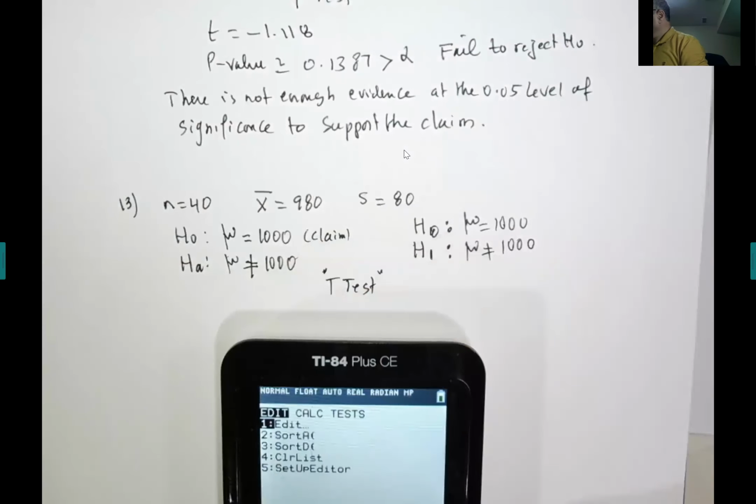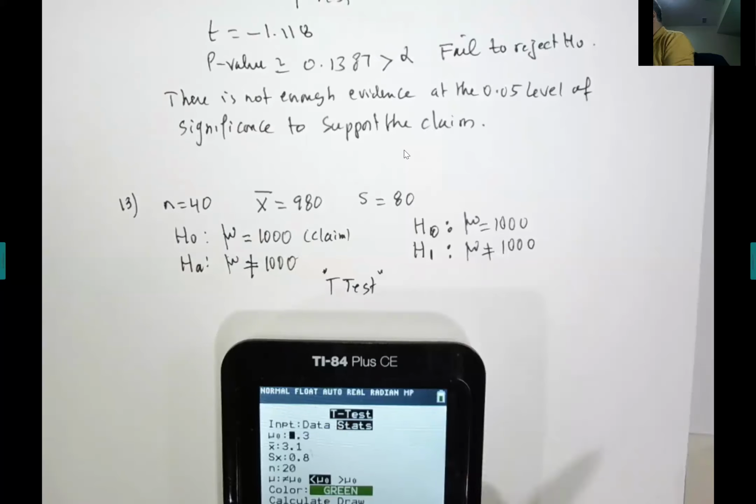Stat, tests, t-test, not data. I didn't give you raw data, so I give you a summary. 1,000. You have to assume that the null hypothesis is true until proven otherwise. Just like if you remember the court statement, the defendant is always assumed to be not guilty until proven otherwise as well.